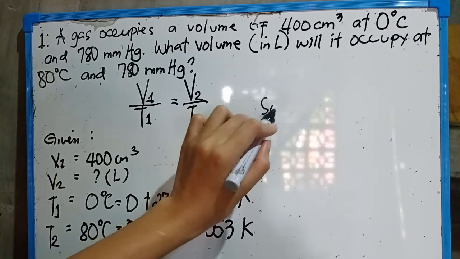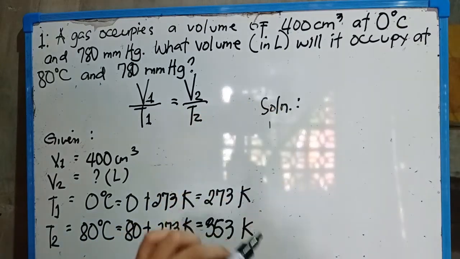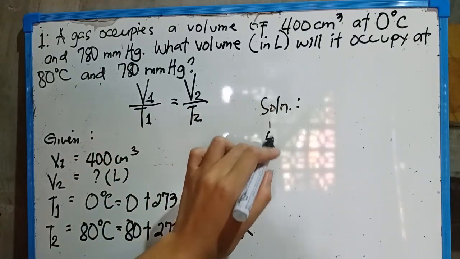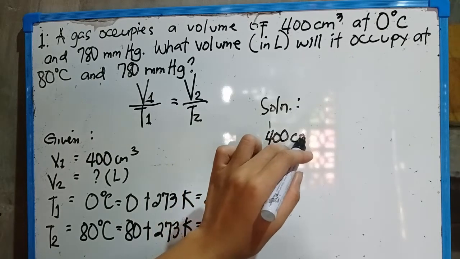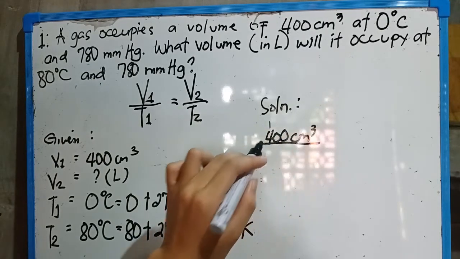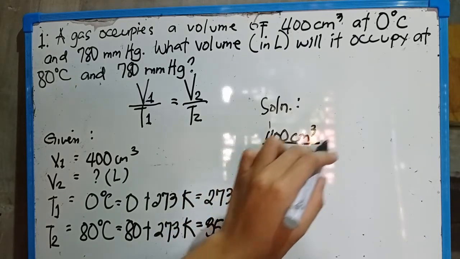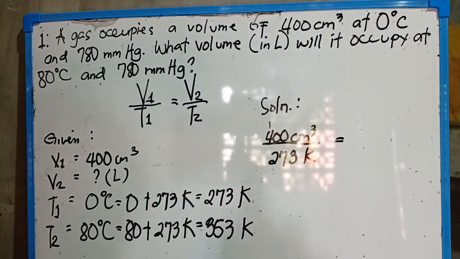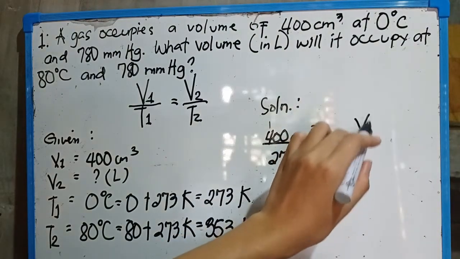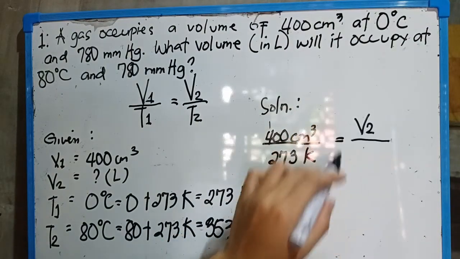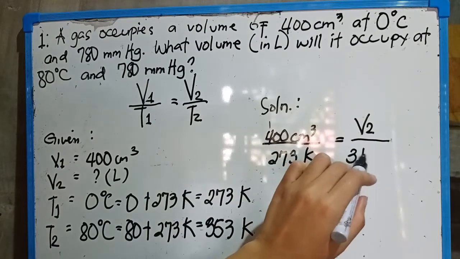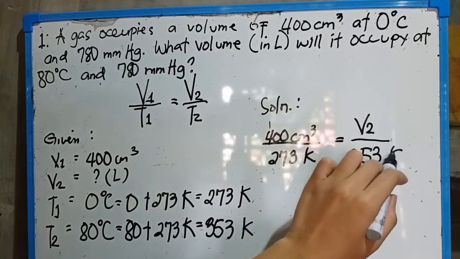Solution. We have 400 cm³ over 273 Kelvin equals our unknown volume over 353 Kelvin.